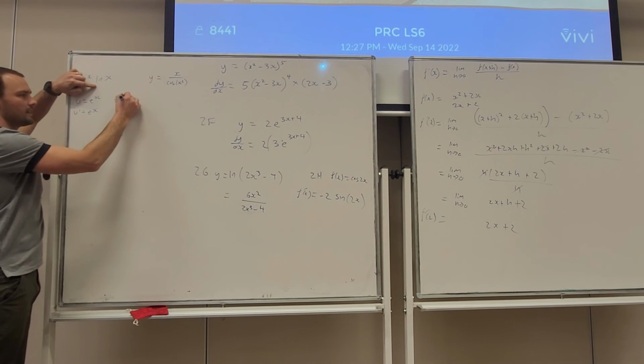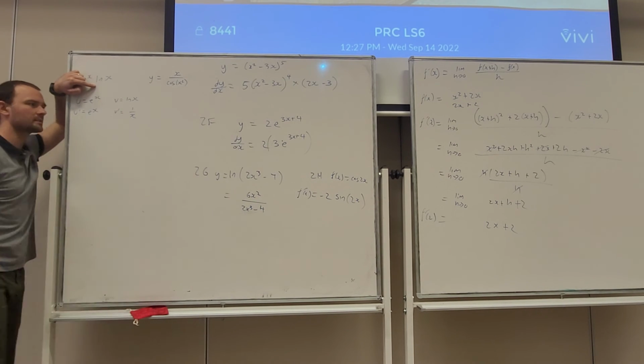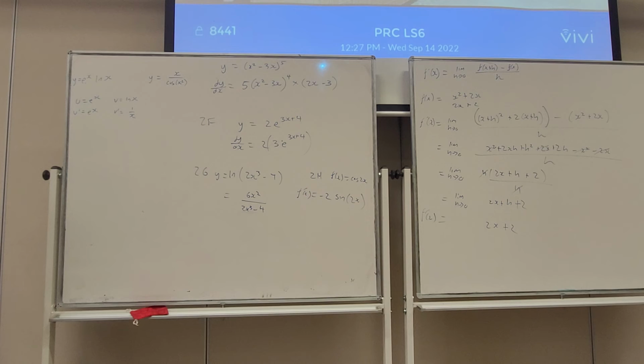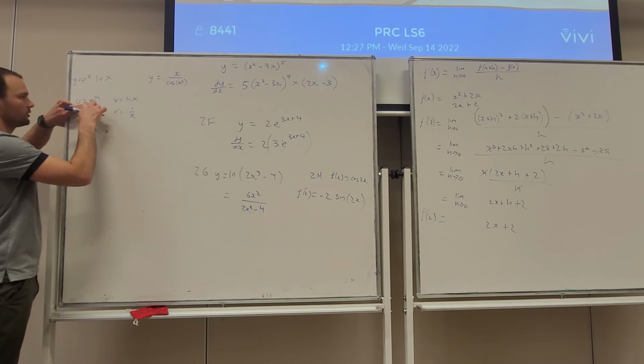We've got v is ln of x, and the derivative of ln of x is 1 on x. And then we'll just smash those together. U dash v plus u v dash.